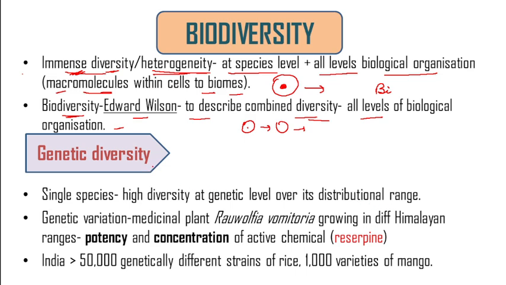So basically, there are three types of biodiversity mentioned here in NCERT. First is genetic diversity. When we talk about the diversity within a single species, it is referred to as genetic diversity.